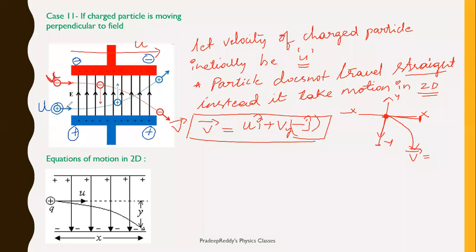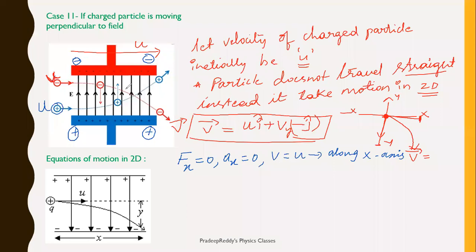When this charged particle enters the electric field, along the x-axis there is no force, so force along the x-axis is equal to 0. Therefore, acceleration along the x-axis is equal to 0. So the final velocity will be equal to the initial velocity along the x-axis. There is no horizontal increase in velocity; the horizontal velocity remains the same.